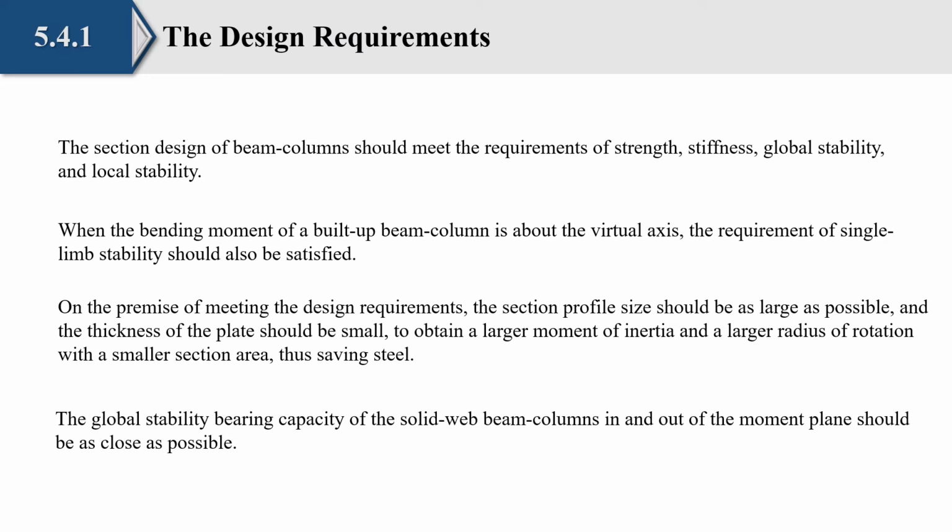On the premise of meeting the design requirements, the section profile size should be as large as possible, and the thickness of the plates should be small to obtain a larger moment of inertia and a larger radius of rotation with a smaller section area, thus saving steel.